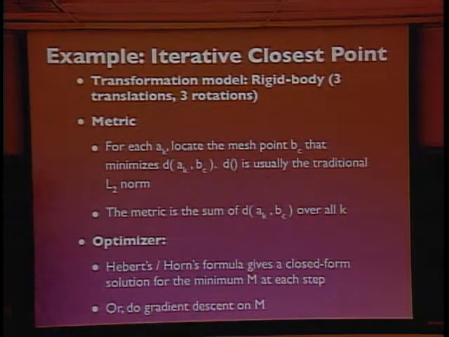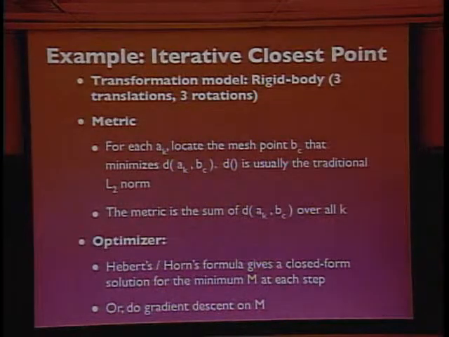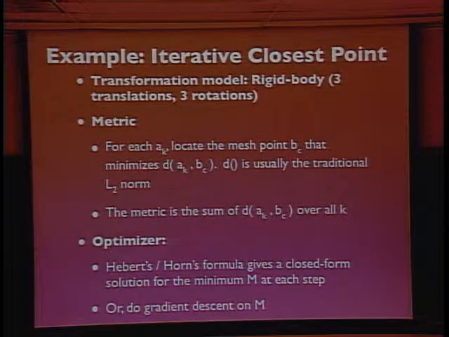And the metric is to simply sum up that closest point distance over all points in the moving mesh. And the optimizer takes a kind of step-by-step approach, where in the first iteration you identify the point on the fixed mesh that is the closest point to your point on the moving mesh, and you do that for all points on the moving mesh.